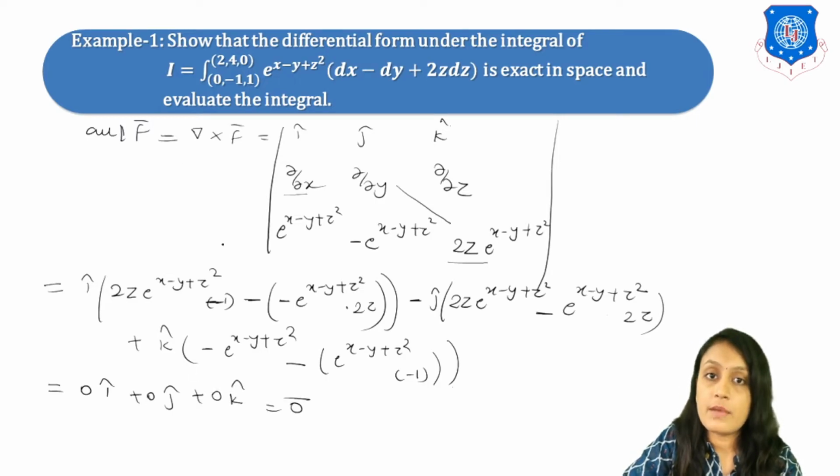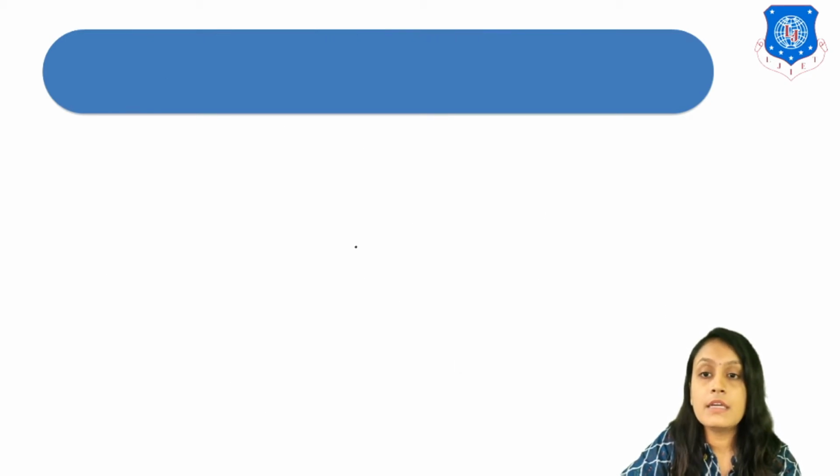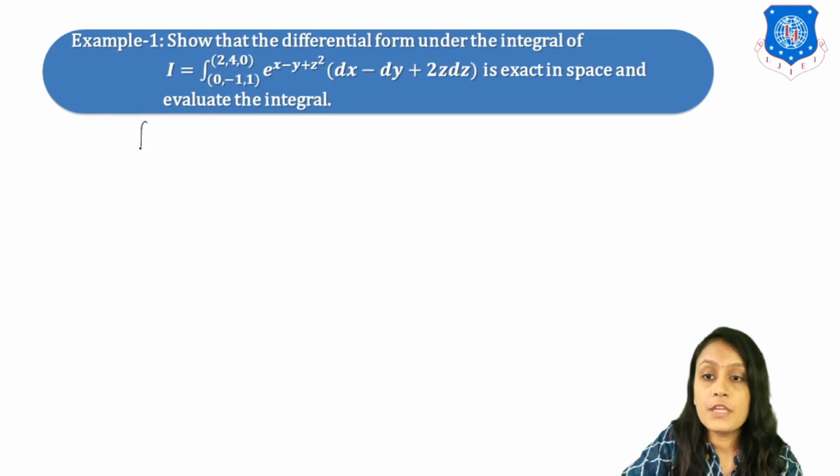Now curl of f bar is equal to 0, so we can say that f bar is exact. Also we can say that if curl of f bar is equal to 0, the line integral is independent of path. And whenever we have a line integral independent of path, we know that this integration of f dot dr will be phi b minus phi a.